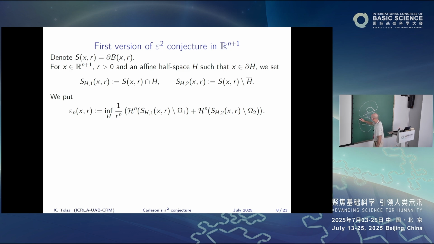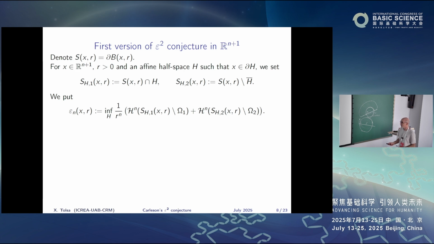So this is H, this is this half sphere, and the complementary half sphere is the other. But it's in higher dimensions.